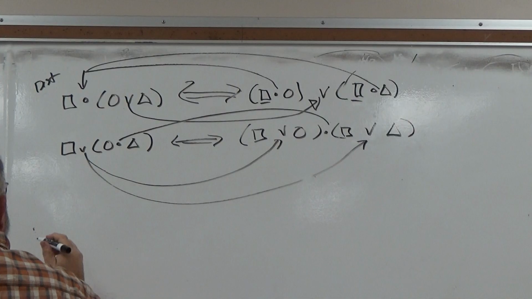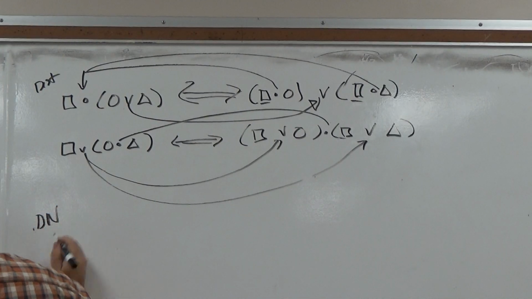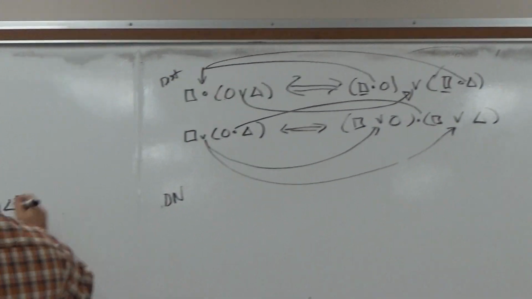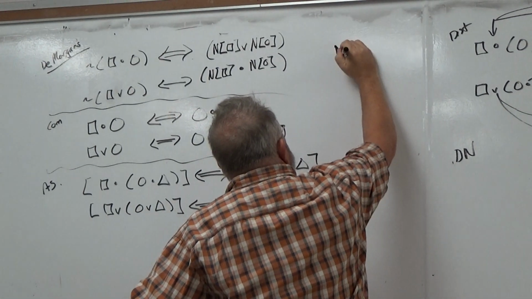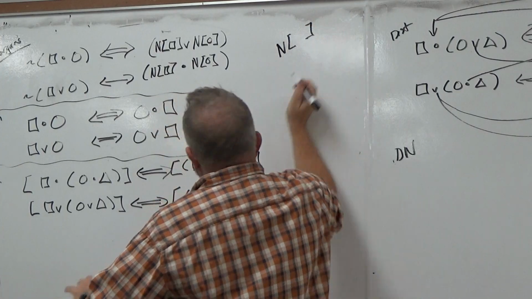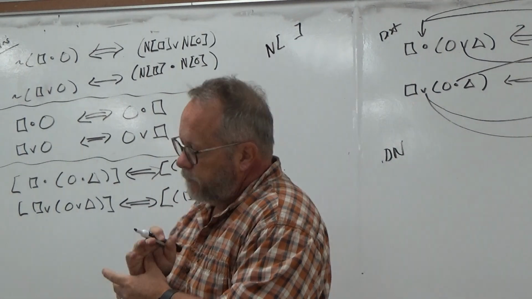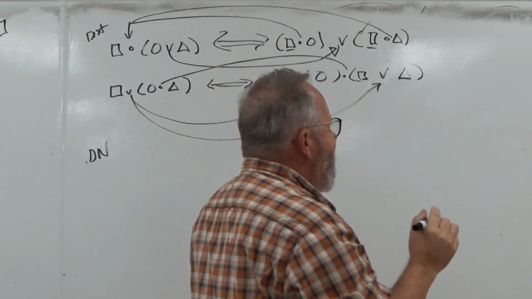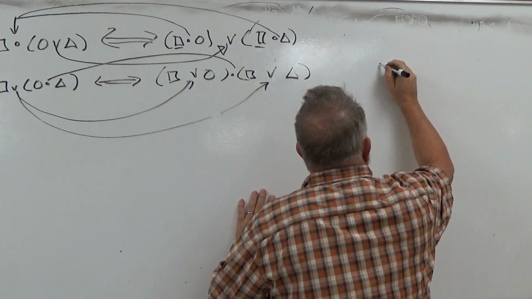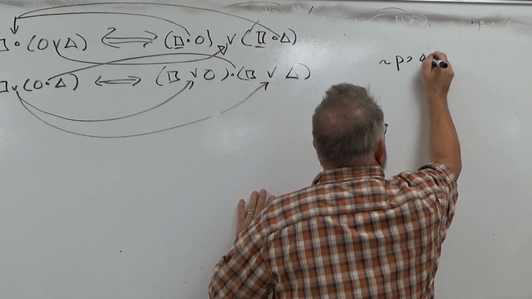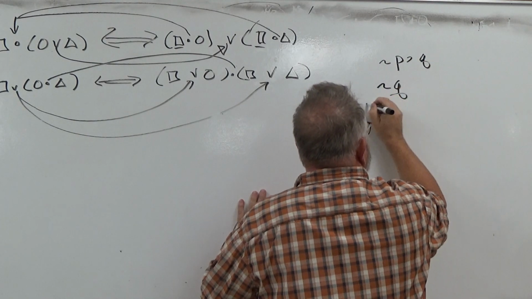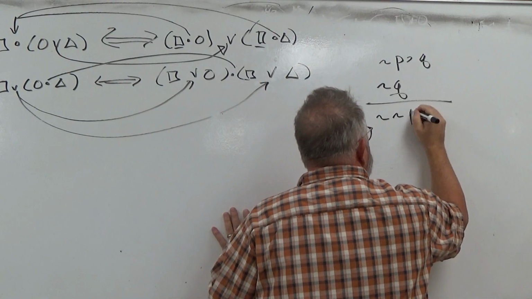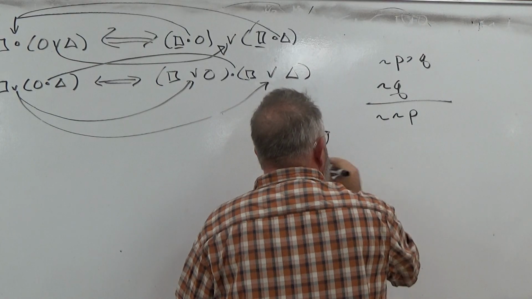Okay. The next one, double negation. This is a rule that we don't really need because of our special notation, the opposite of, okay? That makes things really strong, but many systems don't have it. So you might have not P, then Q, not Q. If I did modus tollens, I technically would get not P, okay?